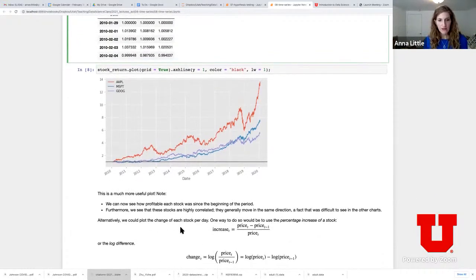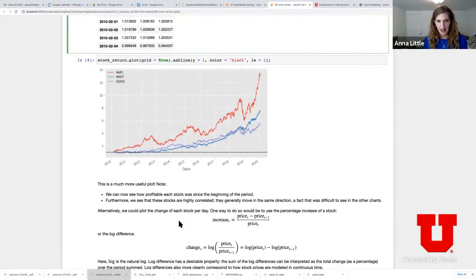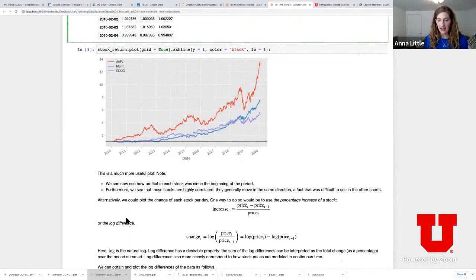All right, and there's a few other ways that you can plot it. This is more about keeping track of the change from some initial point in time. But you might also be interested in seeing daily change.